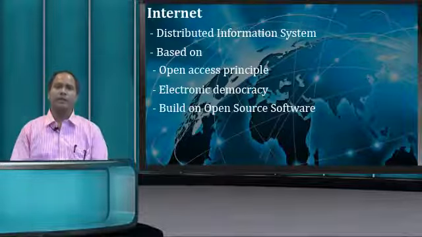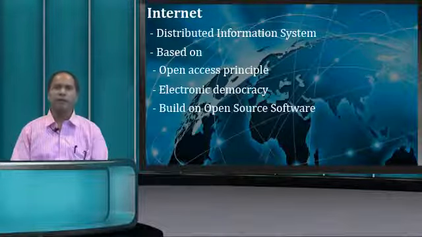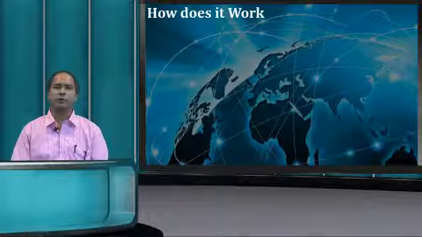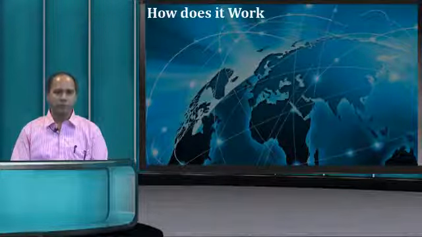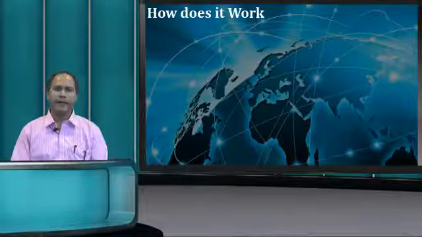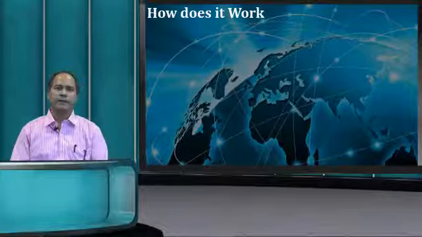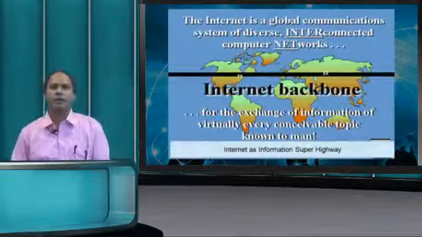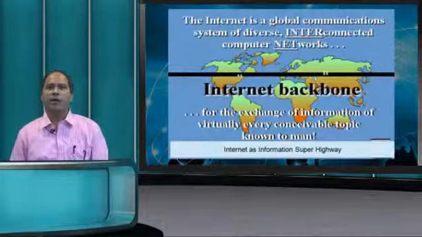Now one question definitely comes to your mind: how does the internet work? Although you have covered different modules related to the internet, here you can see how the internet works. If you look at the picture, you see the global map.